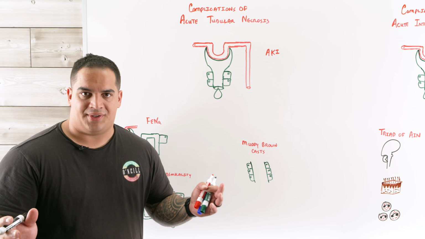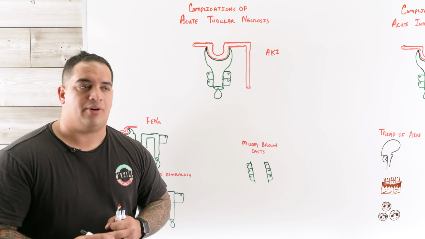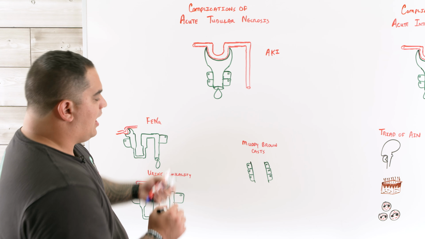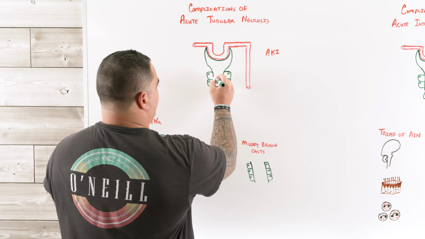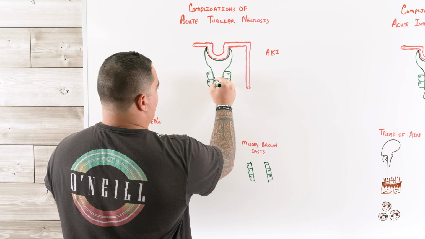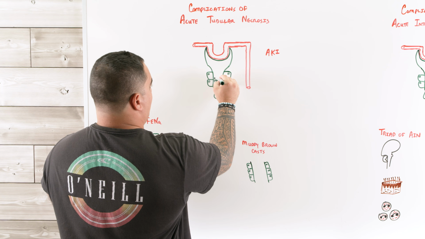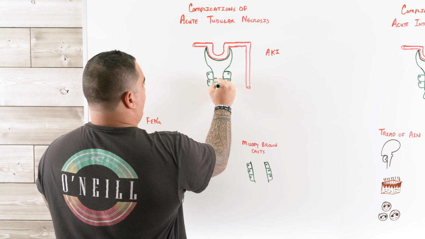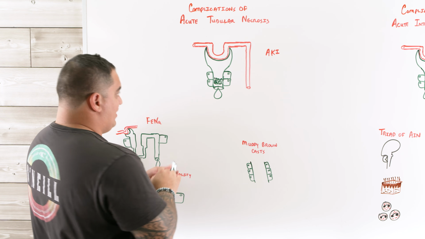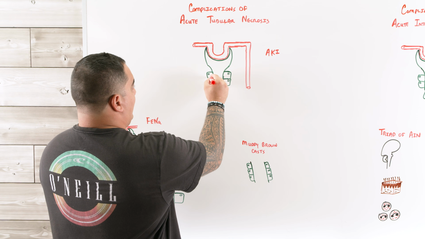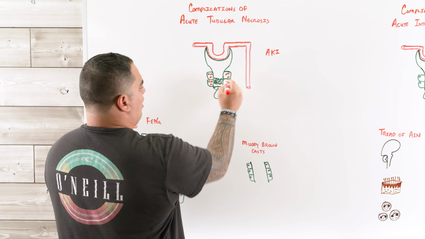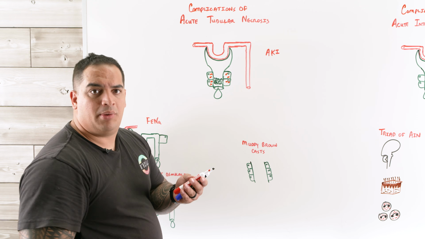Oftentimes an acute kidney injury is the primary way that we would find acute tubular necrosis, right? So the concept behind this is, again, repetitive to some degree, in the sense that you have these tubular cells that have died due to ischemia or nephrotoxins or whatever it may be. And whenever they die, they slough off and start plugging up the tubular lumen.